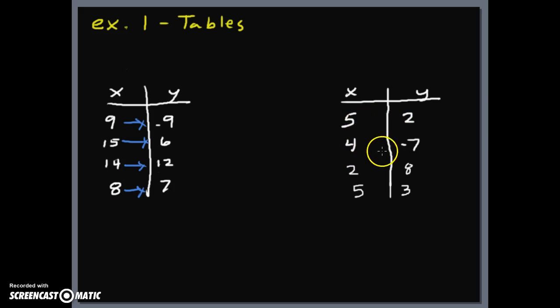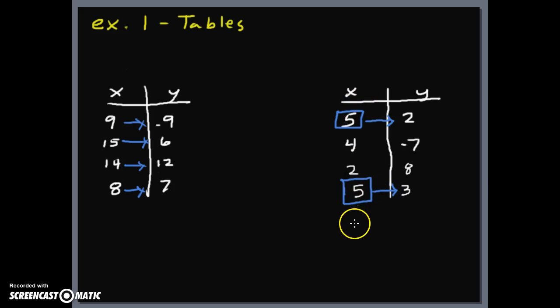What about the example to the right? We've got 5 paired to 2, we've got 4 paired to negative 7, we've got 2 paired to 8, and we've got 5 paired to 3. Now this is an example of a non-function, and the reason why is because we've got 5 paired to the output of 2, and the input of 5 again is paired to the output of 3.